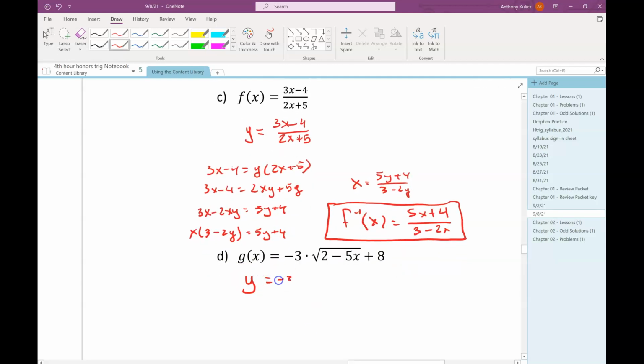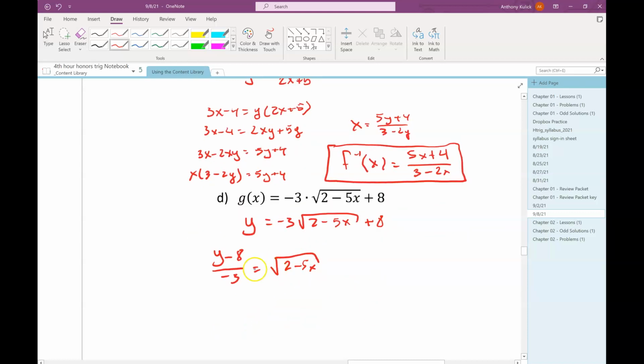So again, start with the y equals. And to get the x by itself, first thing I'm going to have to do is subtract the 8 and then divide by -3. And then we'll square both sides.